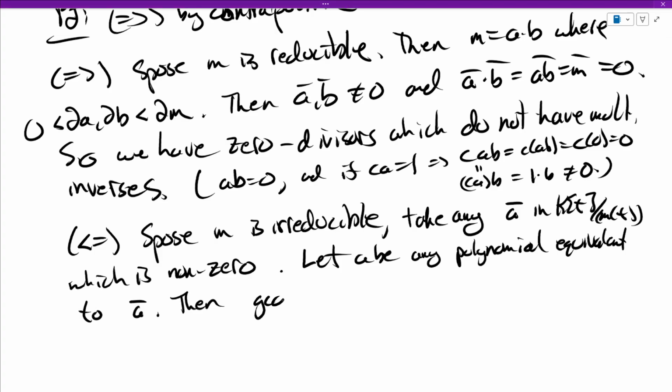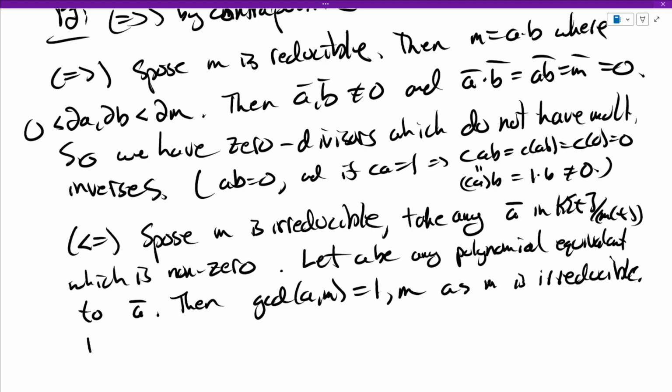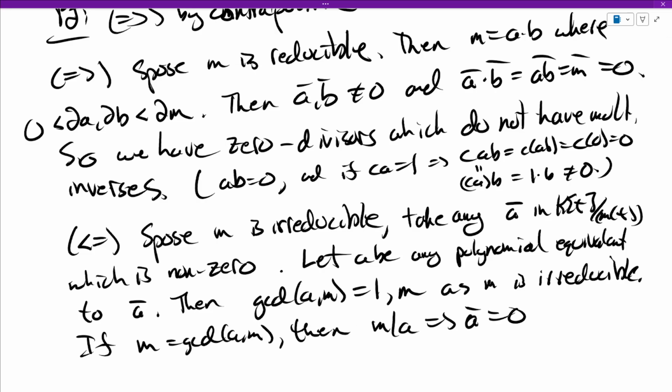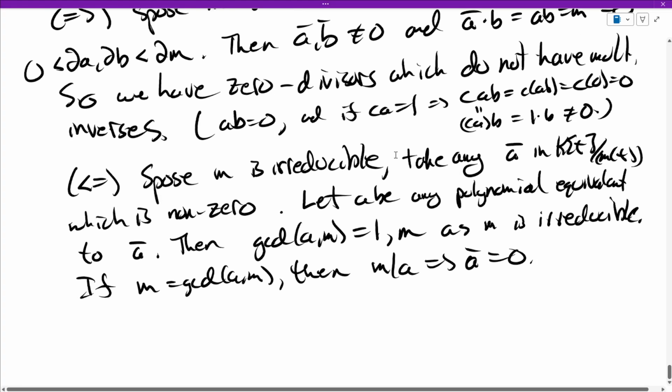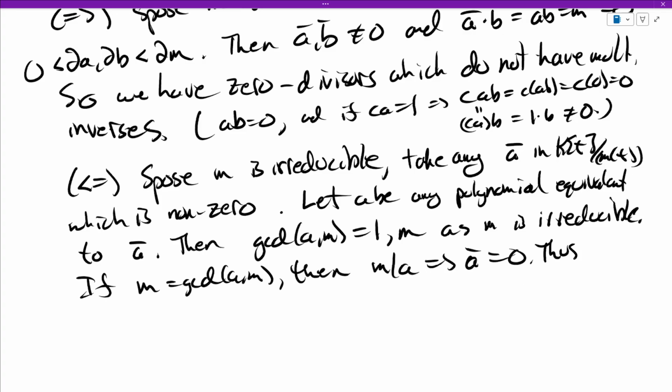Well, the GCD of A and M is either 1 or M, as M is irreducible. If M equals the GCD of A and M, then M divides A, which implies that A bar is 0. If M goes into A, it must reduce to 0 because it's a multiple of M. Thus, the GCD of A and M is 1.